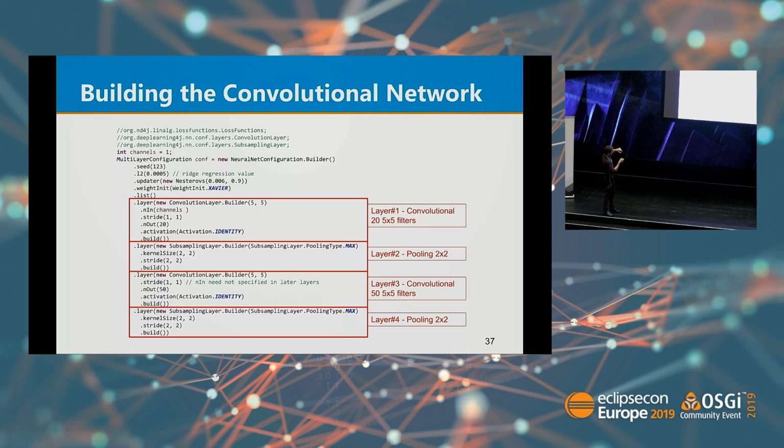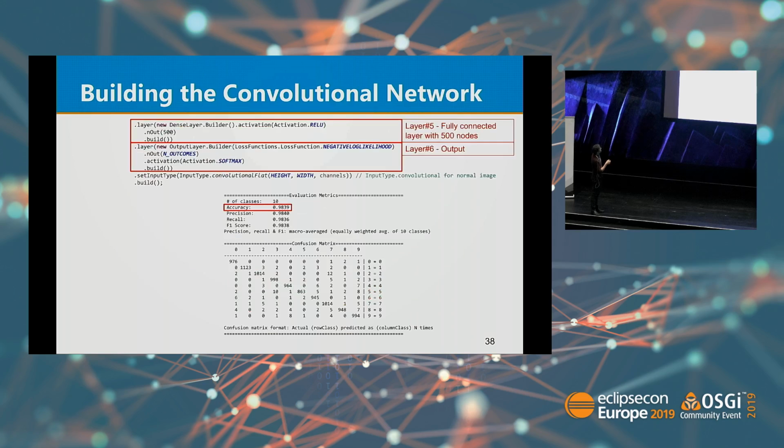Here we have 20 filters, and here 50 filters. So two pairs, convolutional plus pooling. And this is the last layer, which is a fully connected layer. In this case, you can see that the accuracy is higher, over 98%.